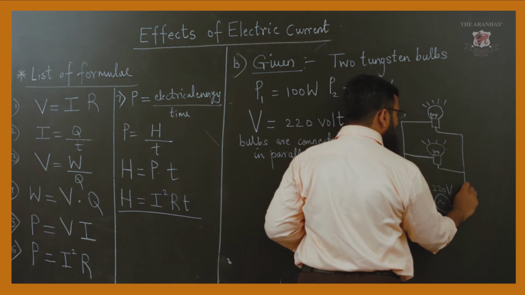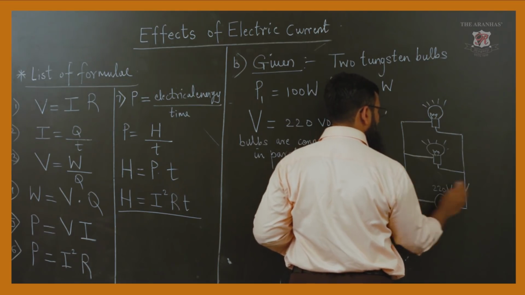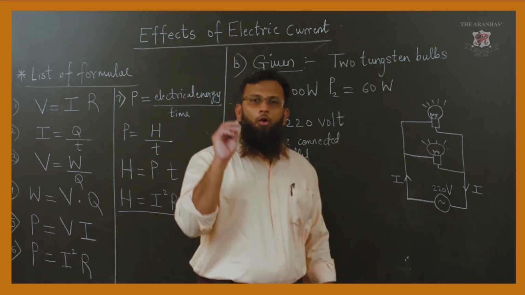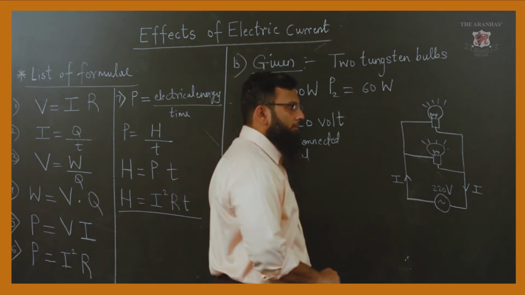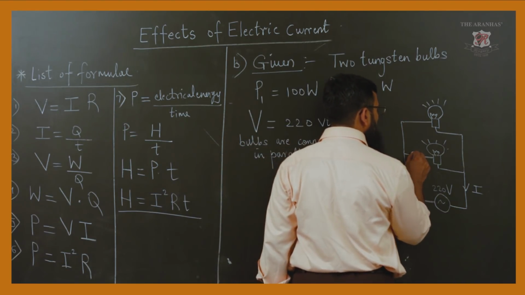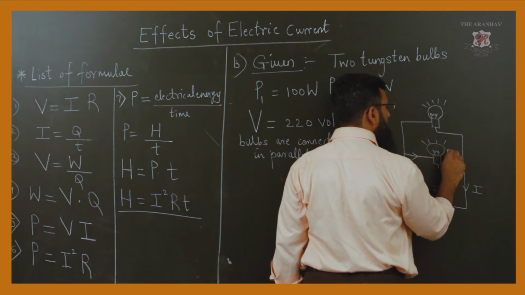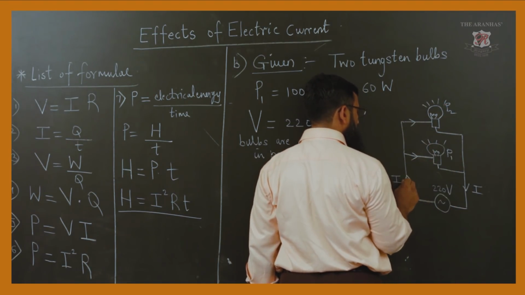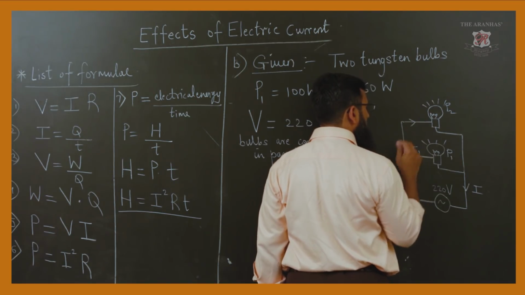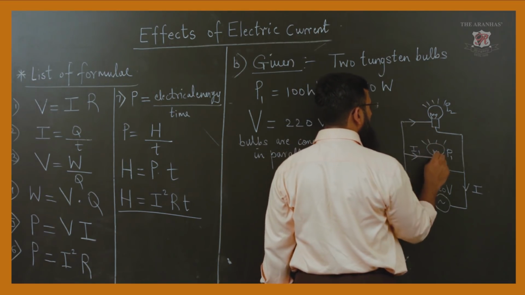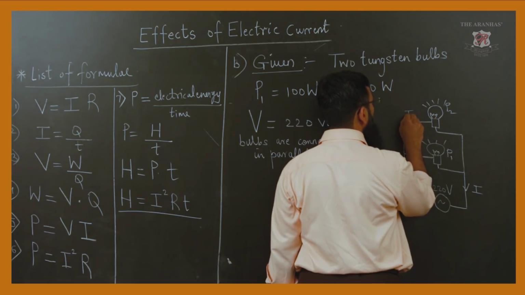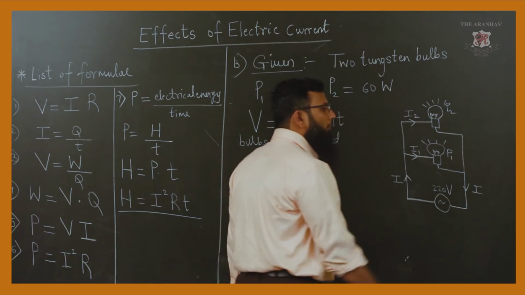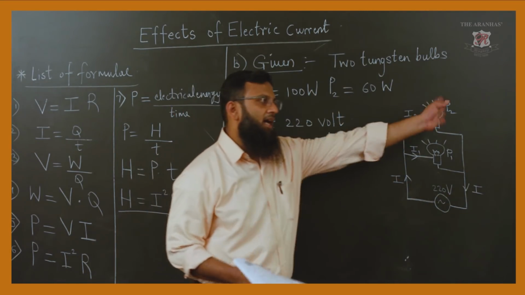The total current I flowing through the circuit also obeys conservation. Suppose this is the bulb with power P1, this is the bulb with power P2, the current flowing through P1 will be I1, the current flowing through P2 will be I2, and again they combine together to complete the circuit as I.